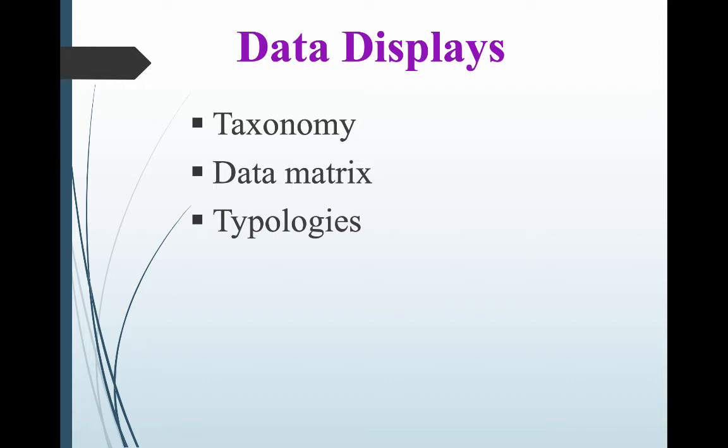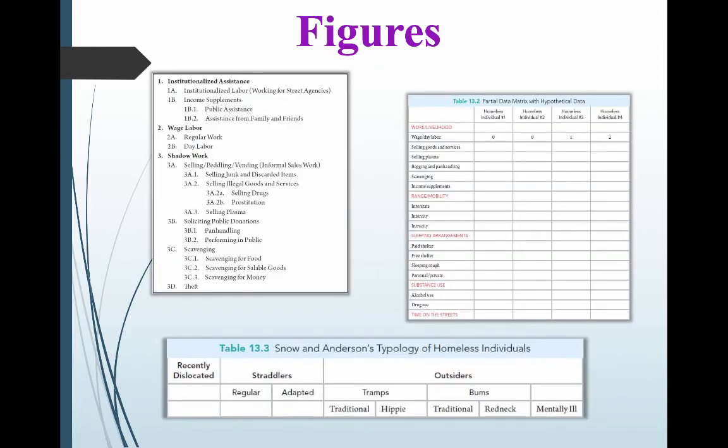Let me show you the example they have here. The taxonomy here is this one right here, where you can see an organized outline or list that's broken down in a strategic way, ordering or classifying the information that you're looking at, right? Over here you have shadow work.